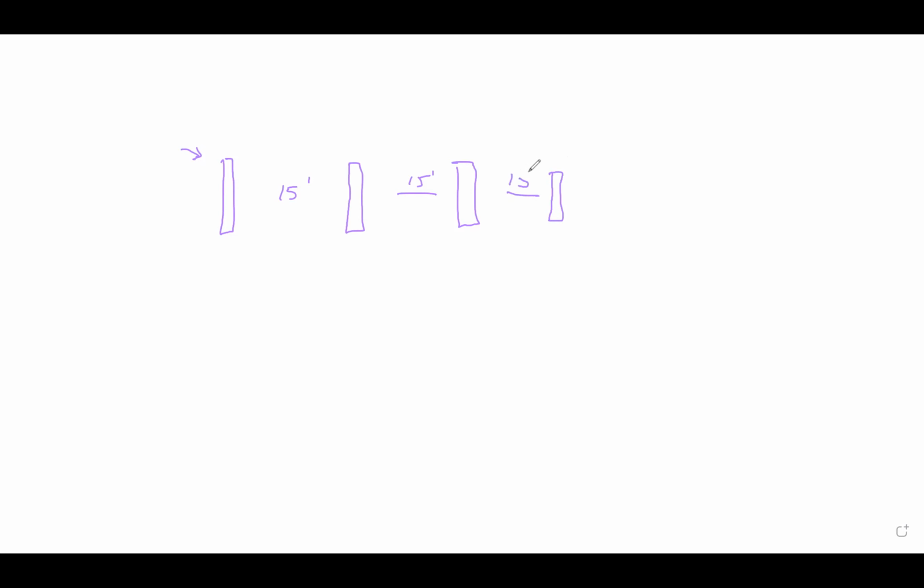Let's say instead of having 2,355 feet, I had 45 feet. So if I divide 45 by 15, I get 3 sections. So I should have 3 sections that are 15 feet long, right? But do I have 3 posts?